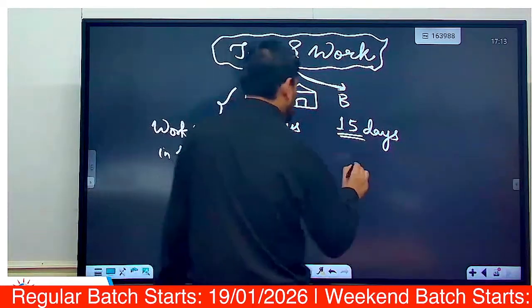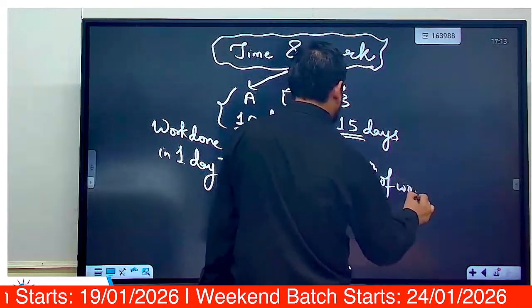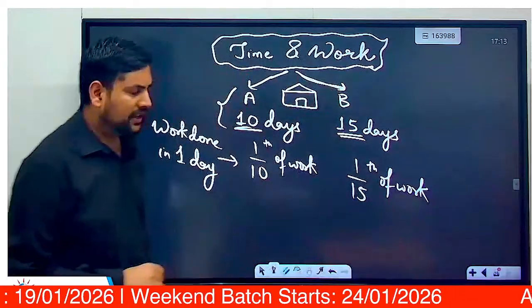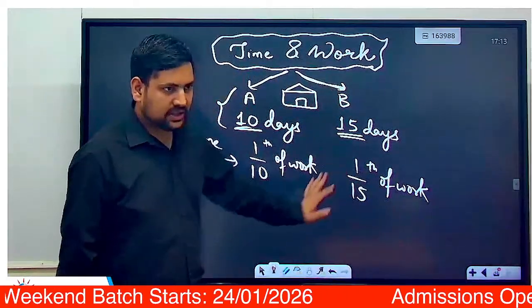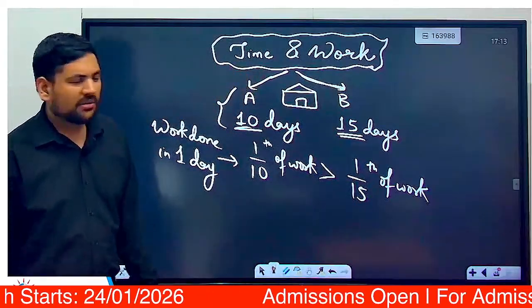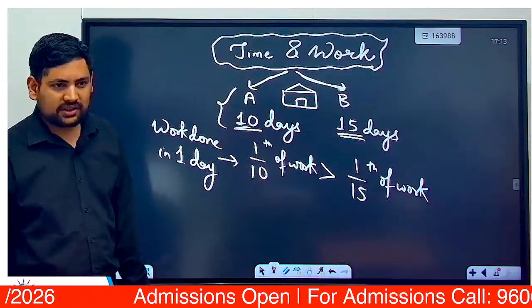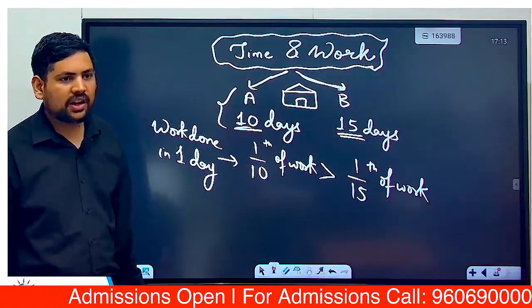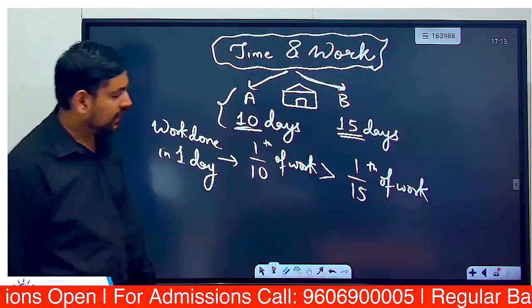And this will be 1/15th of the work. Now, clearly, 1/10 is larger than 1/15. So this gives you something to understand, but it is also difficult to use. So mostly in this entire chapter, we'll be using something called the efficiency method, that we'll learn now.